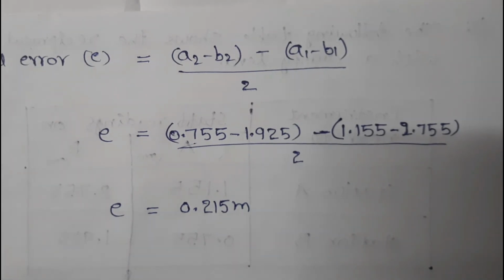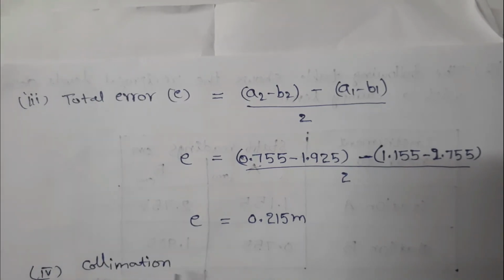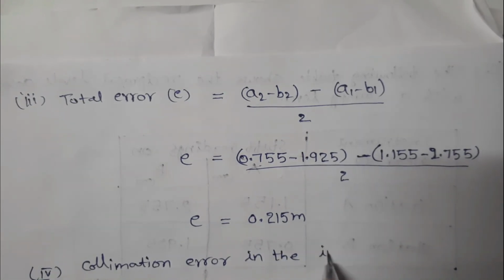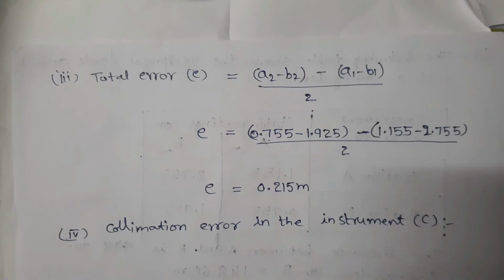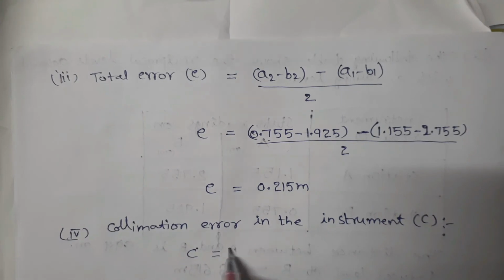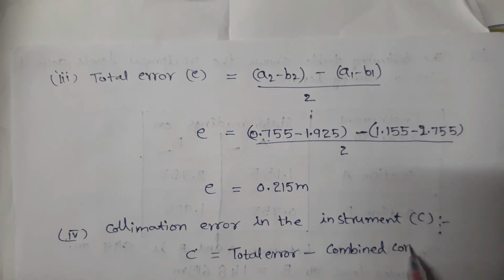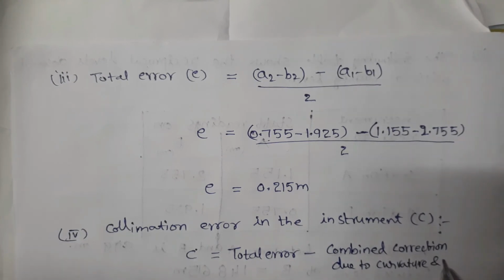Now the fourth question is the collimation error in the instrument. C is equal to total error minus combined correction due to curvature and refraction.